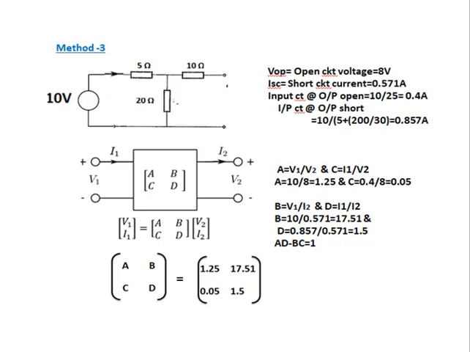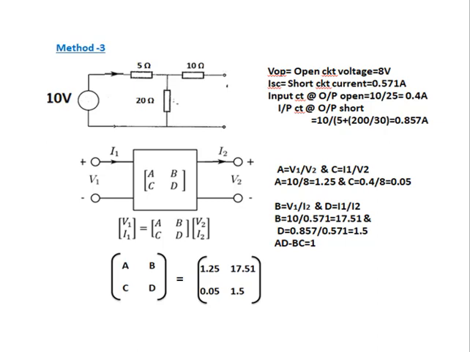The open circuit voltage is equal to 8 volts. The short circuit current is 0.571 ampere. Input current at output open condition is 10 by 25, equal to 0.4 ampere. Input current at output short circuit is 10 by 5 plus 200 by 30, equal to 0.857 ampere.